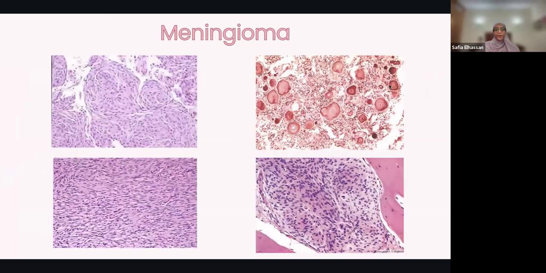So these are the 4 patterns. Can you guys tell me what they are, starting with this one? Transitional. Okay, yes, correct. This is transitional. What about this one?